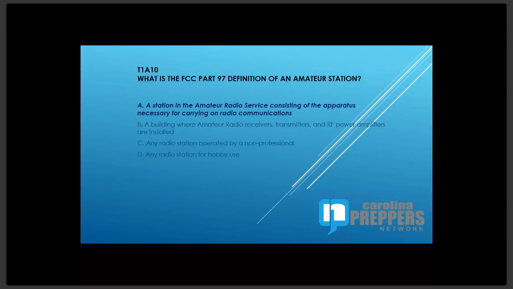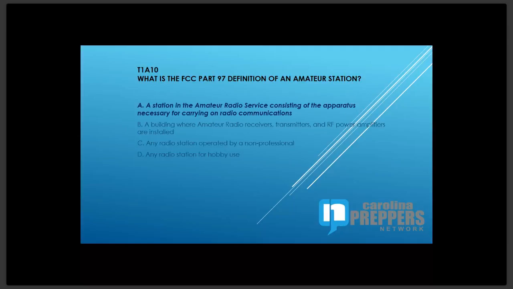what is the FCC Part 97 definition of an amateur station? Well, let's look at the answers here. Let's look at the bottom one. Any radio station for hobby use? That could be the case, but how about those that are in ARES, Amateur Radio Emergency Services, or RACES, Radio Amateur Civil Emergency Service?